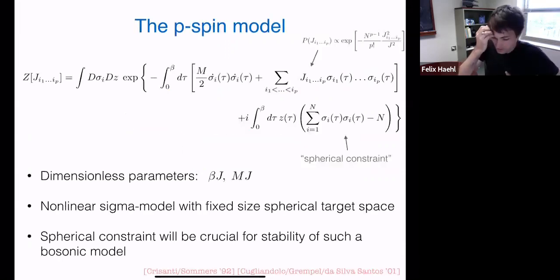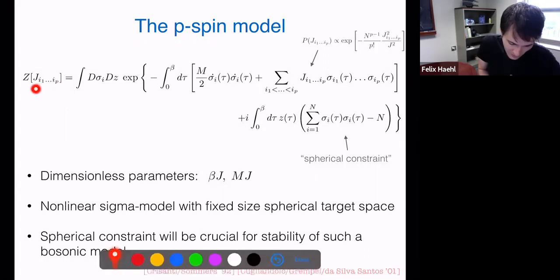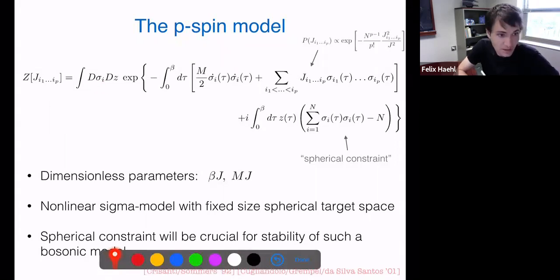All right, so here's the model now in more detail. This partition function, as a function of any choice of couplings, defines the model. The basic variables are these sigma I spins.